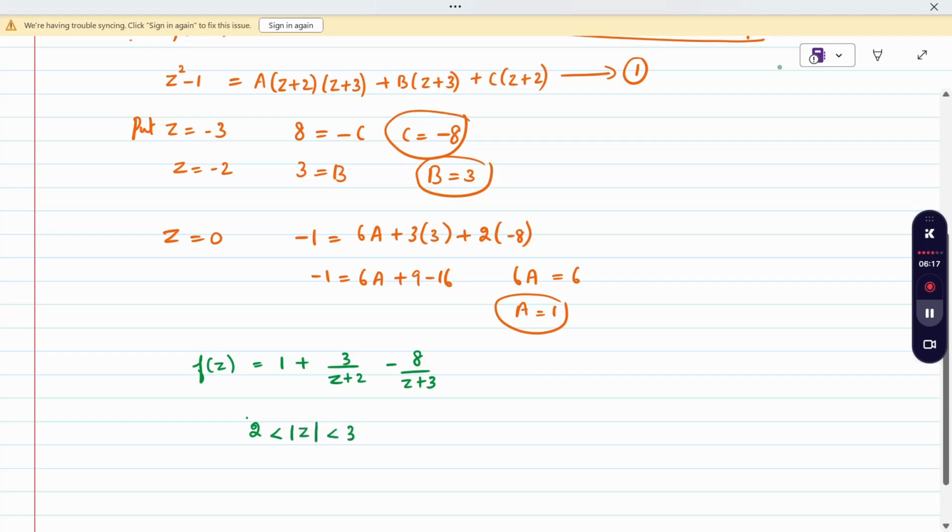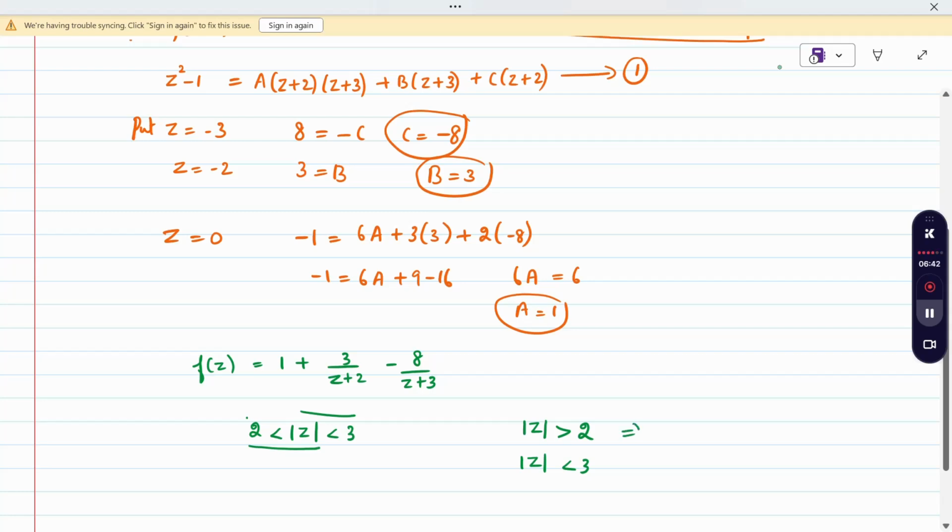When you have data like this in between, how to write it: first you take left, then right. So modulus of z is greater than 2, I have to write. When I change the symbol this side, it's greater. When I take only the right hand side, modulus of z is less than 3. Both I have to write in terms of less than.